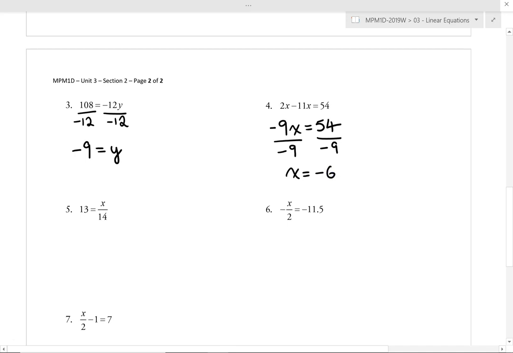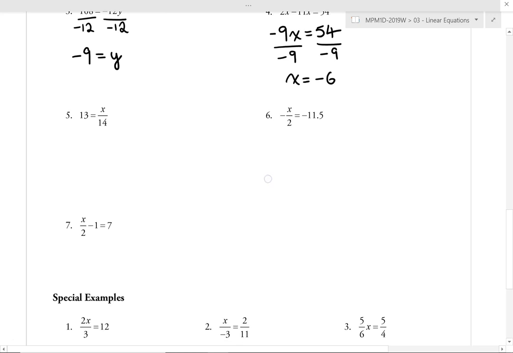How about number 5? Well, number 5 simply has 13 equals x over 14. Right? We have a division. So what do we need to do? Multiply. Right, so we can multiply both sides by 14. Right, so we're going to get 14 times 13 equals 14 times x over 14. And of course, this 14 technically interacts with the top here, this x variable, right?